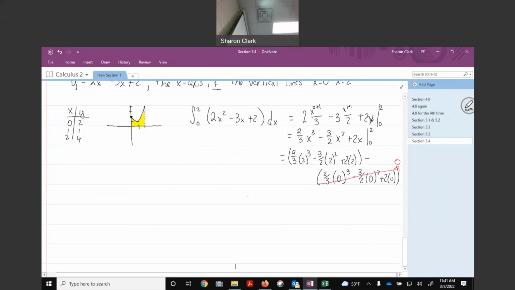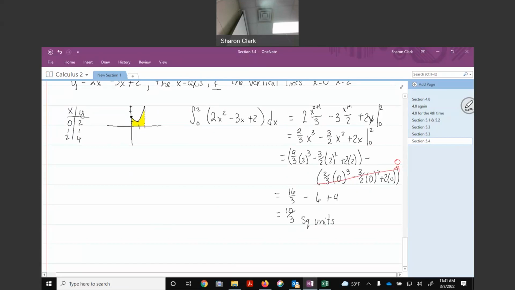Okay, so this gives me, let's see, 2 cubed is 8 times 2 is 16 thirds minus, one of those twos cancel and we get 6 plus 4, which is 10 thirds square units.